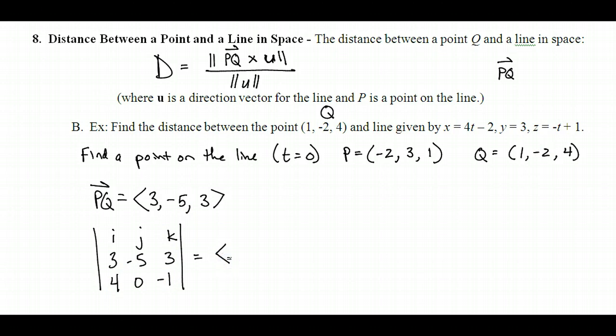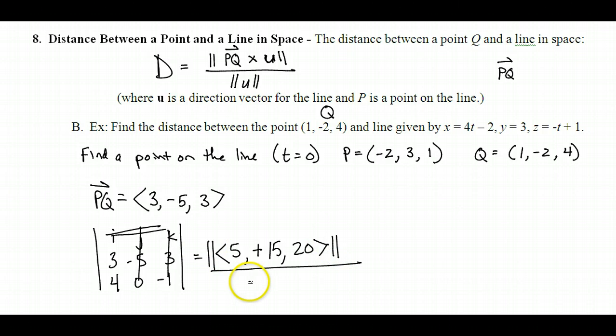And find our cross product. That gives us 5 minus 0, so we have 5. This is negative: -3 minus 12 is -15, so we make it a positive 15. Then 0 minus -20 gives us 20. Now we need the magnitude of it, which is pretty easy to calculate.